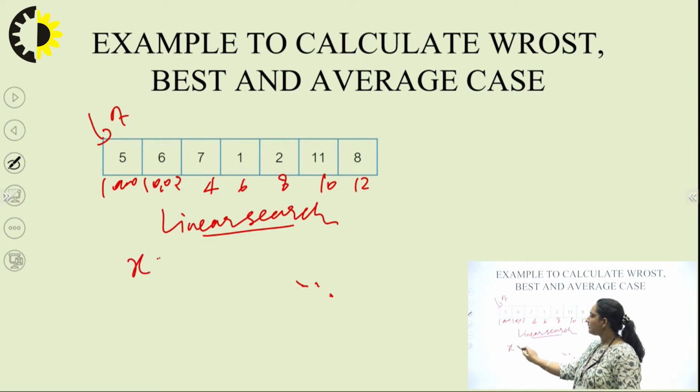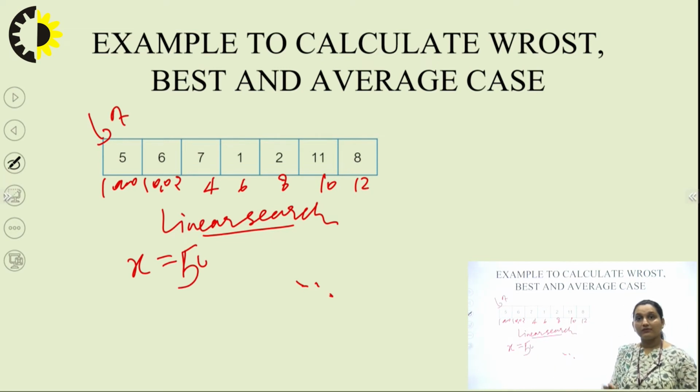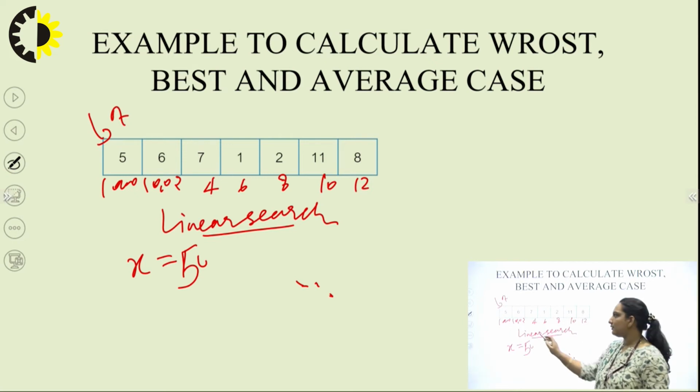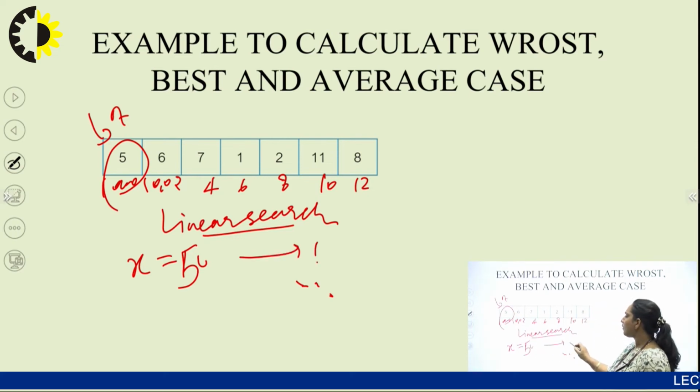If the x value is 5, at the first attempt we get a hit at the first location. That is order of 1 time.